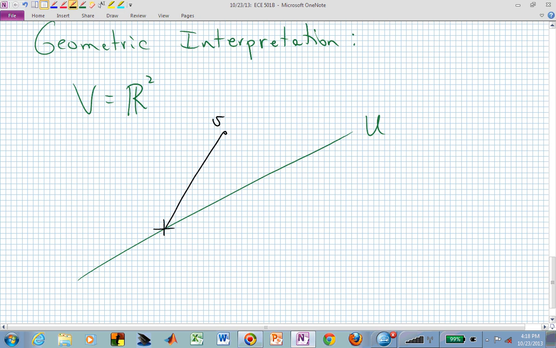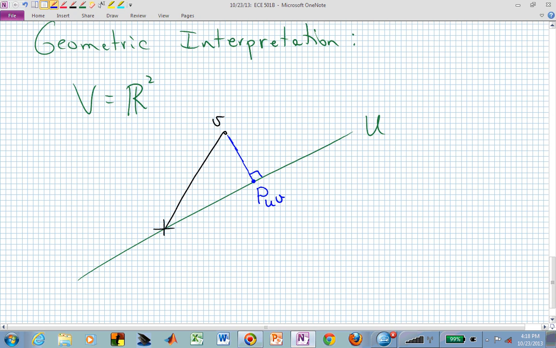There's my V. Then what I need to do is find that, which is supposed to be orthogonal, and this point right here is the orthogonal component of V, or the orthogonal projection of V onto the subspace U. That's really what we're doing.